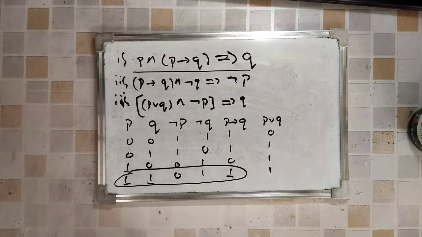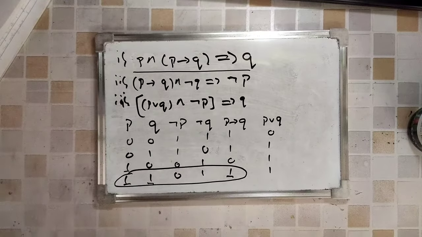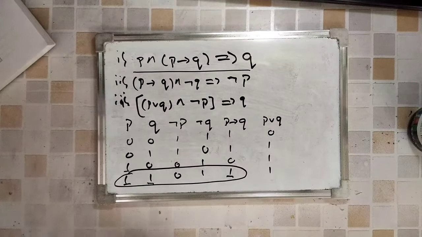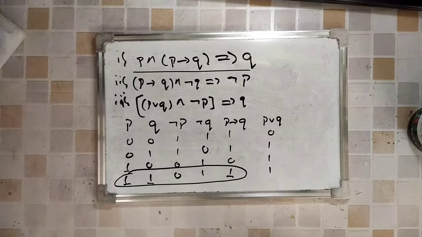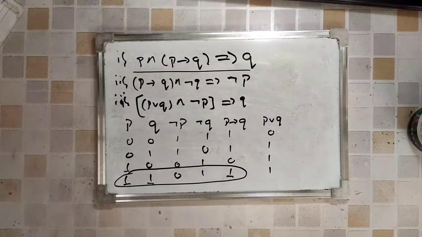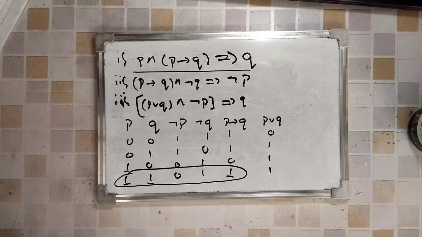I'll highlight it with another marker. Just a second, where did I keep the red marker? Okay, it's lost. Usually when you need something the most, even if it is in front of your eyes, you cannot find it.